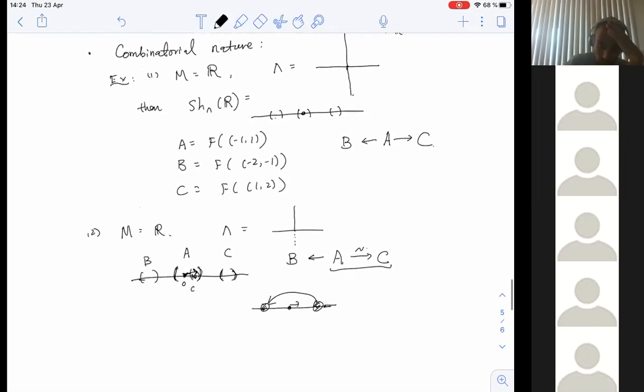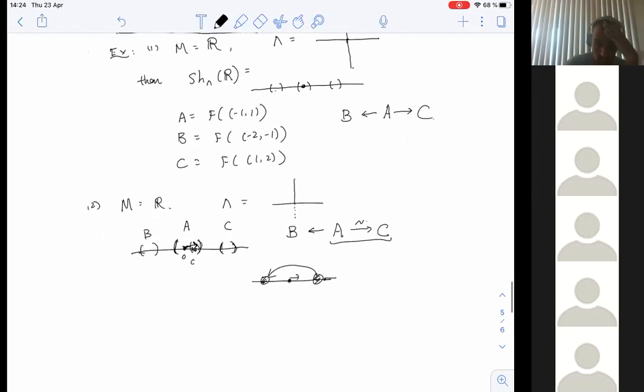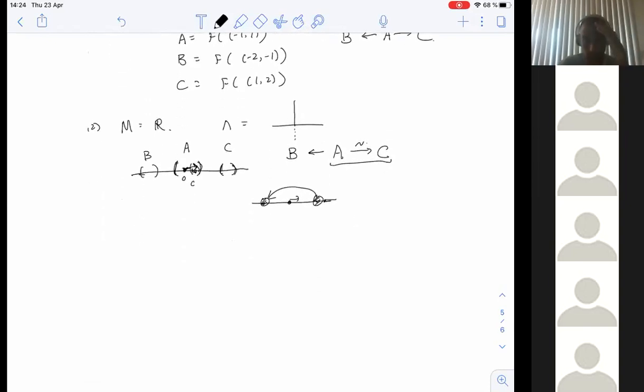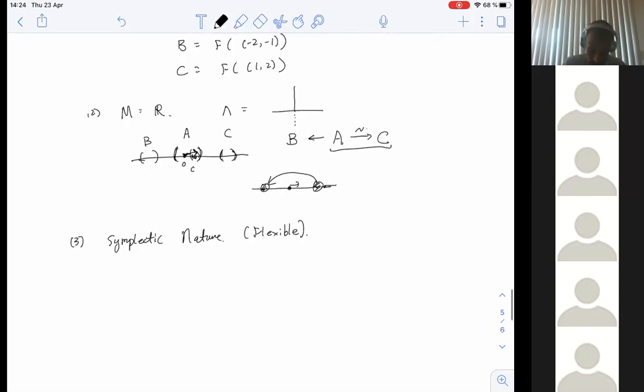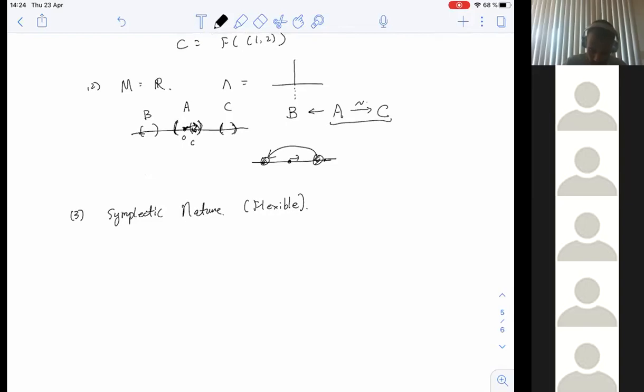So it has a combinatorial nature, these constructible sheaves. It also has a symplectic nature, which is quite flexible. The reason is the following.